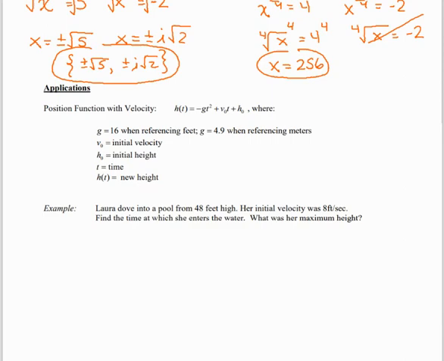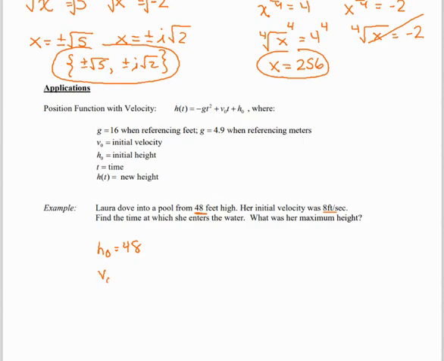So we want to fill in all the different parts. Okay, so let's circle some of the key things. Laura dove into a pool from 48 feet high. What does that mean? That 48 represents her initial height. So h naught is 48. We have our initial velocity, they say, is 8 feet per second.